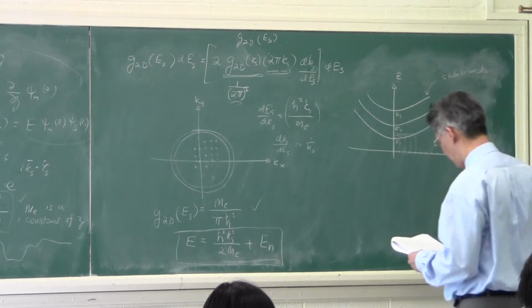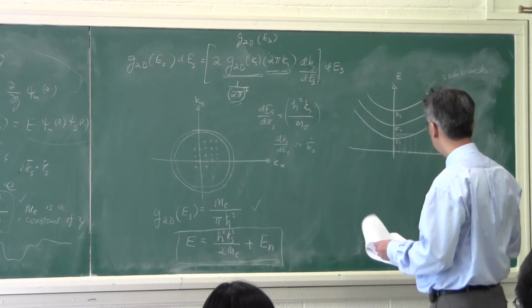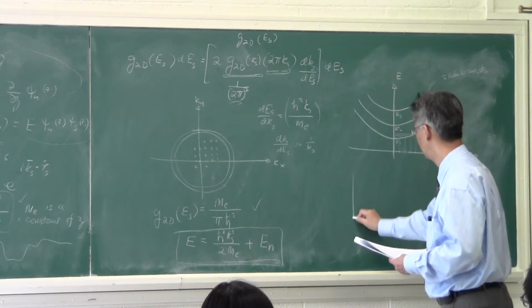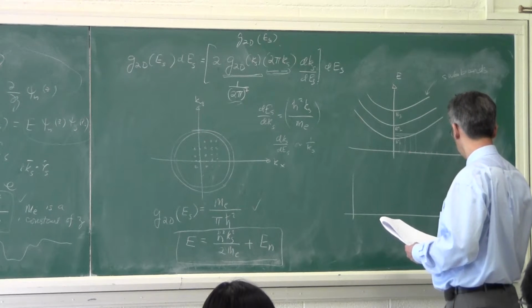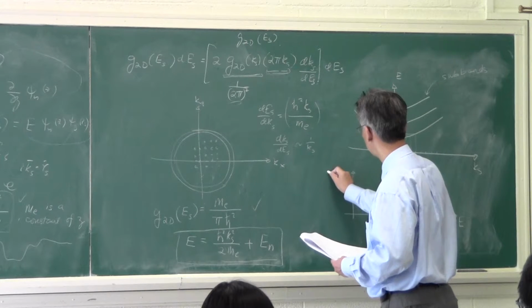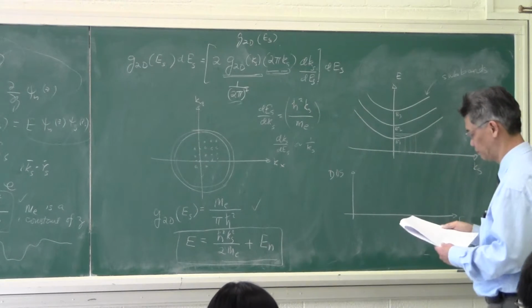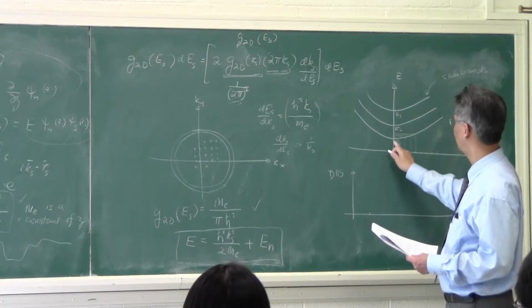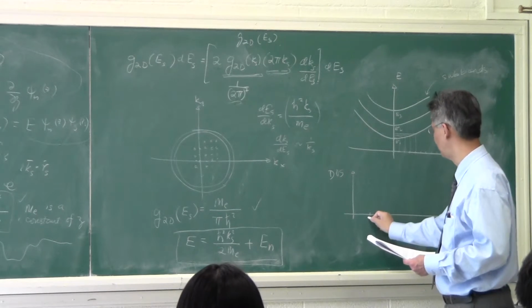But if I were to merge and count my density of states in the E space, this is my density of states. For this problem over here, I will find that I don't get any density of states, no states, before I reach E1.